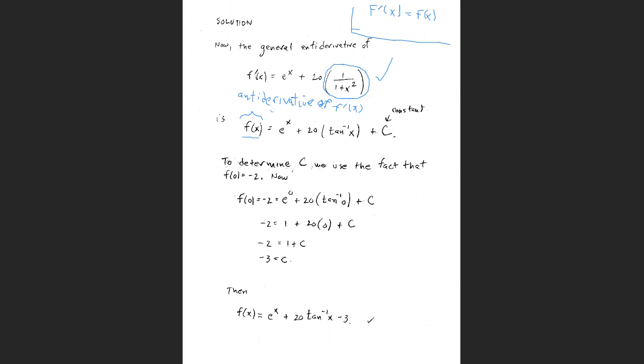If you were to differentiate this function f of x here, you would get back f prime of x above, because the derivative of e to the x is e to the x.